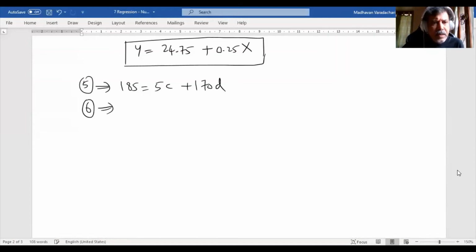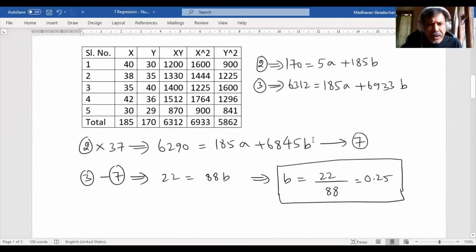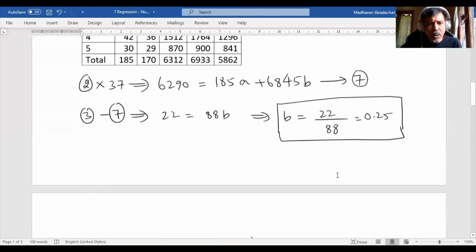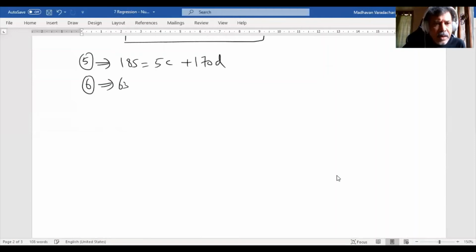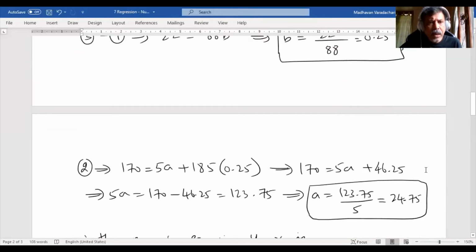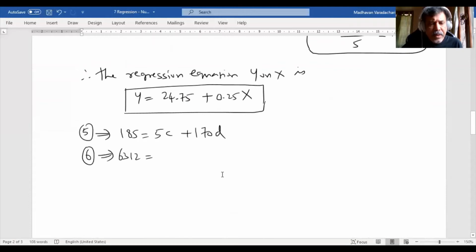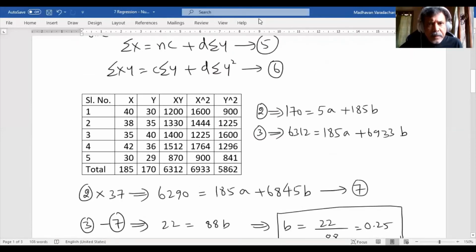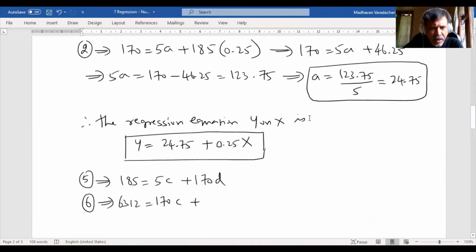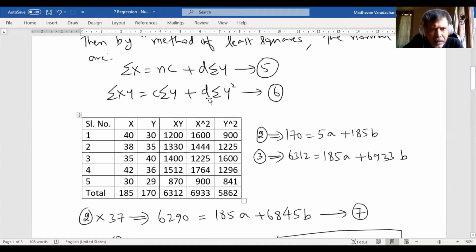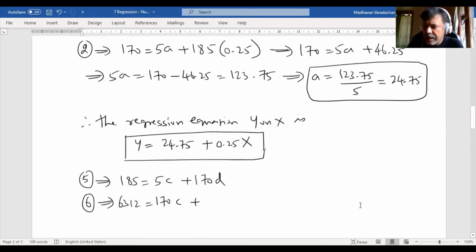And then the sixth equation is sum xy, which is 6312, equal to sum y times c, which means 170 times c, plus sum y squared, which is 5862 times d.